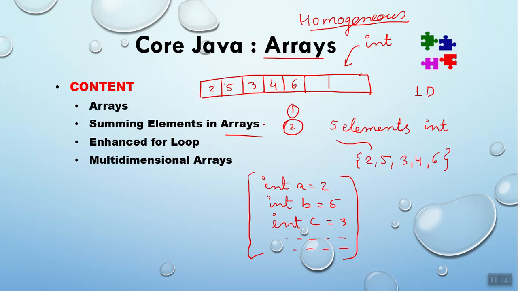Sometimes we need to iterate and access the elements with the help of loops. To access arrays there is one kind of loop, the enhanced for loop, which is an interesting thing and solves lots of problems. Then we'll look at multi-dimensional arrays. So let's look at the examples.